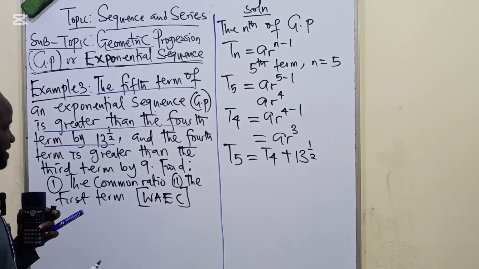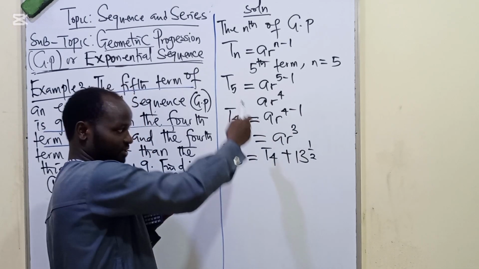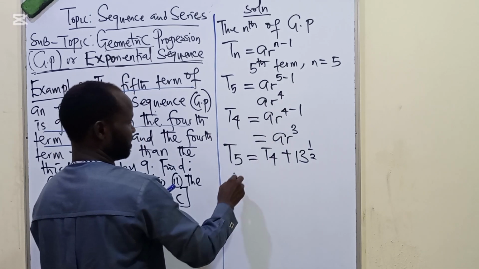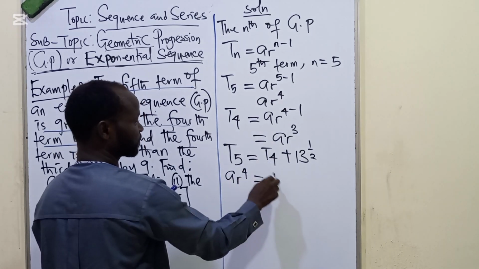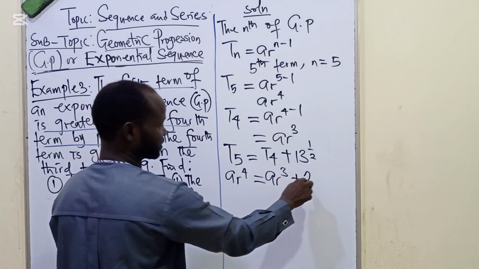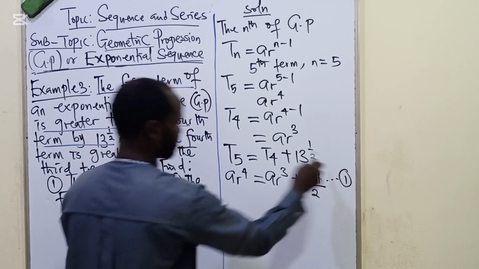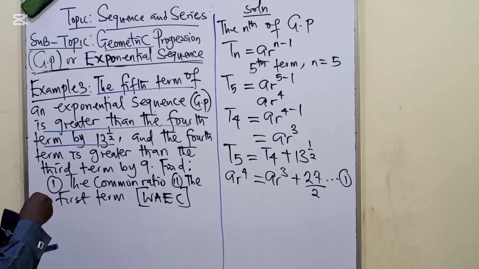Our T5, AR power 4, will be equal to T4, AR power 3, plus 13 and a half, which means 27 divided by 2. Let's call this equation 1. Very important. So we're through with the first equation.